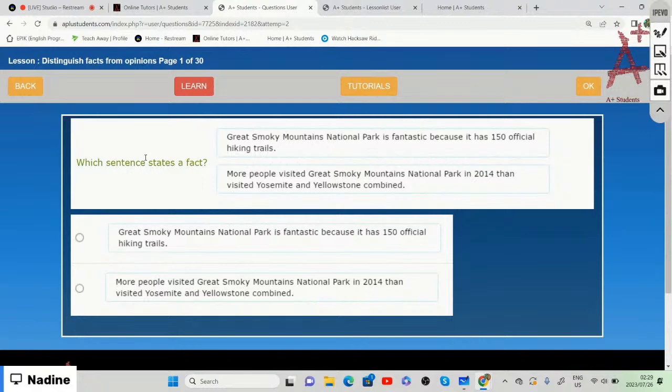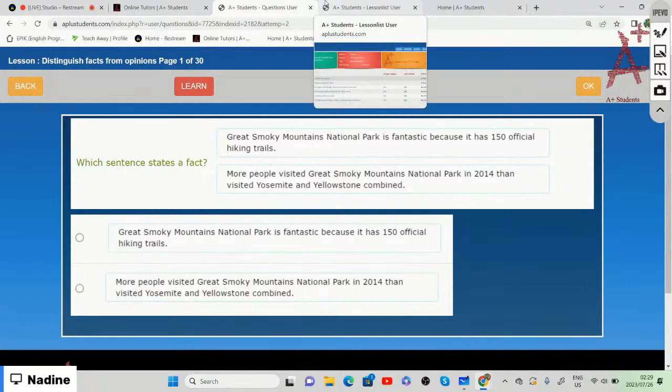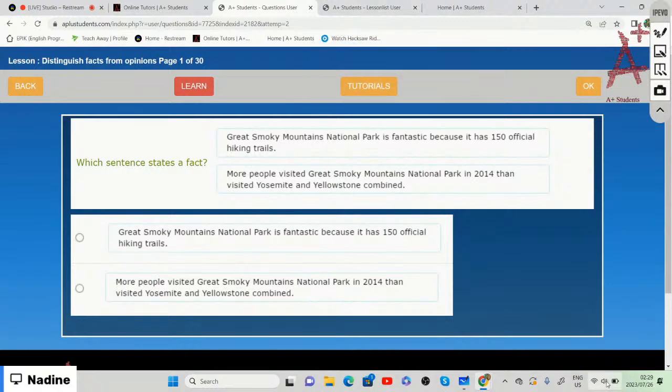So if we look at what the fact is, then we can maybe say the fact is more people visited Great Smoky Mountains National Park in 2014 than visited Yosemite and Yellowstone combined, right?